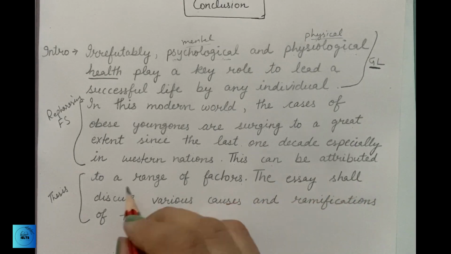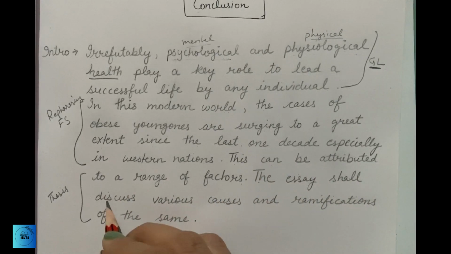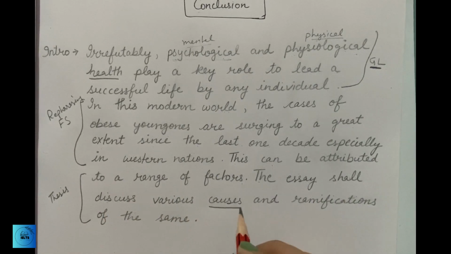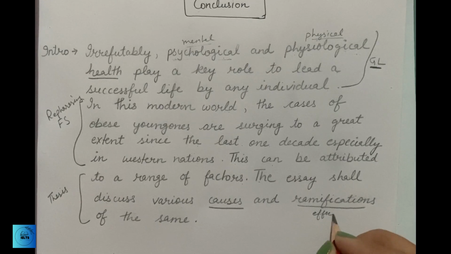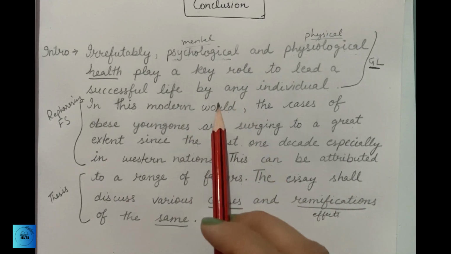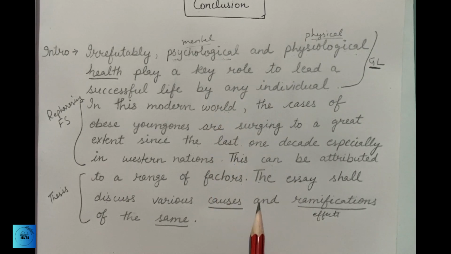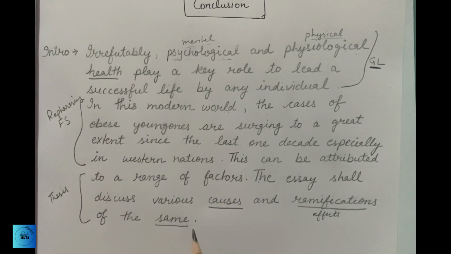I mean there can be a number of reasons behind this development. The essay shall discuss various causes and ramifications. Ramification means effects of the same. Of the same means whatever the topic we are talking about. Fine. So this is my thesis line. This is the entire introduction of the essay.